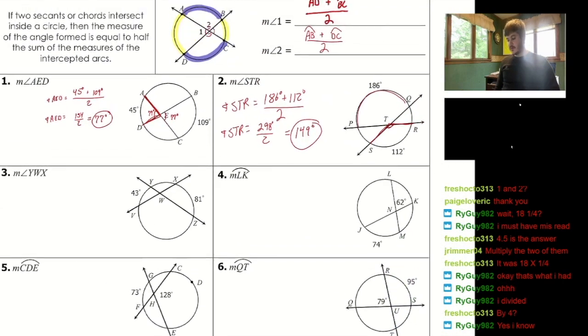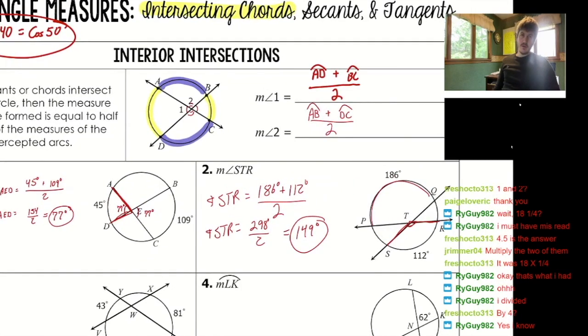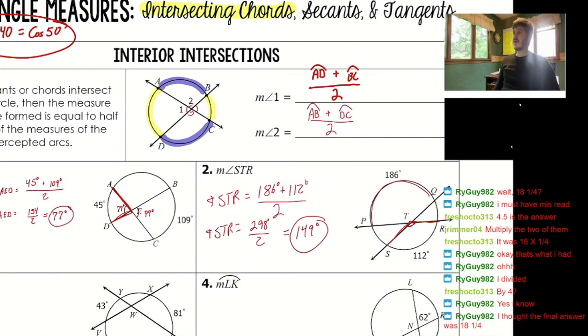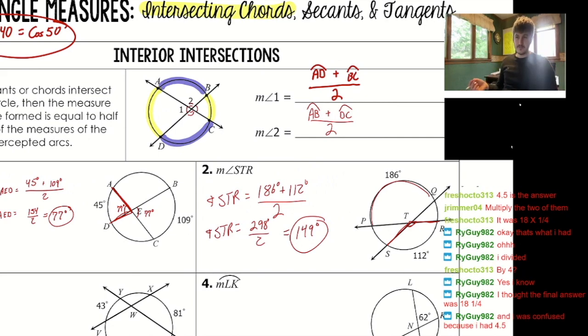We're going to go to these rules. So we did interior intersections, where we are able to calculate the angle inside of a circle when two secants or chords intersect each other, where we're going to take the two corresponding intercepted arcs and divide by 2, and we can get the angles that are inside the circle.